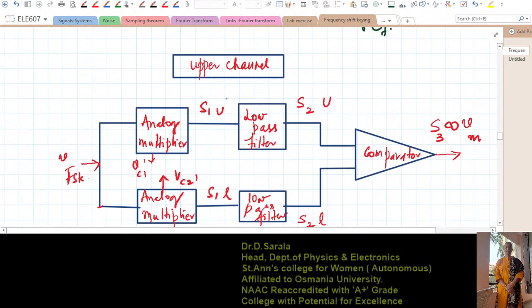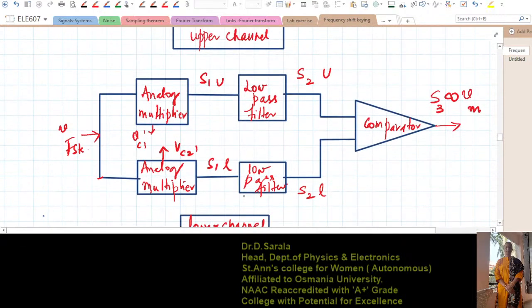So what you have is an upper channel and a lower channel. You have here, this you are demodulating. So the input that is available is your FSK signal.